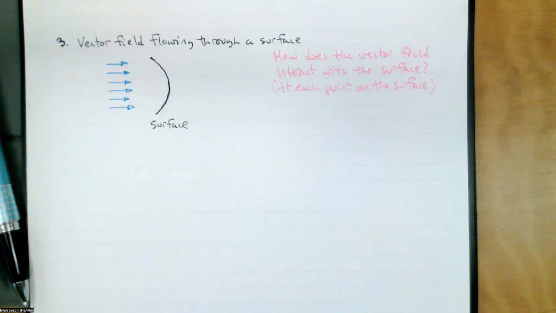So at each point on the surface, we need a vector to represent the surface.